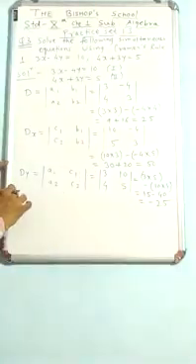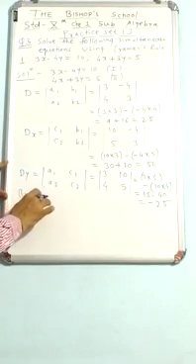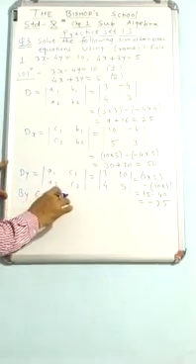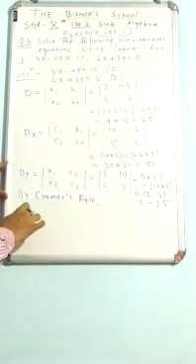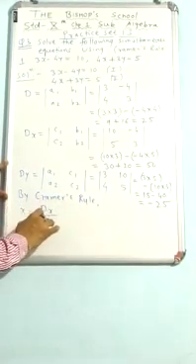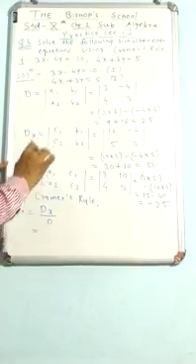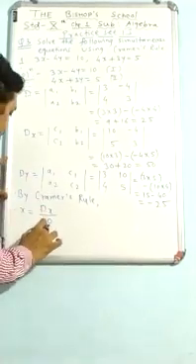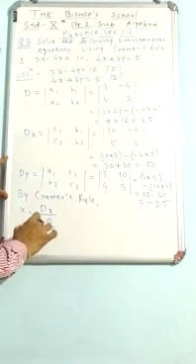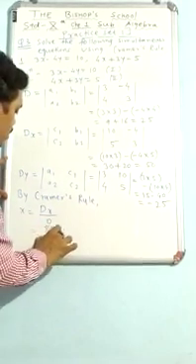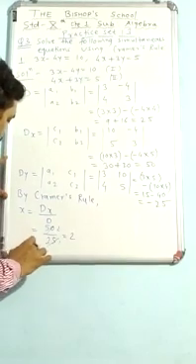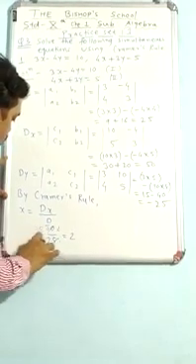Now by Cramer's rule, we have x equal to Dx by D. Dx is how much? 50. How much is D? 25. 25 twos are 50. So x equal to 2.